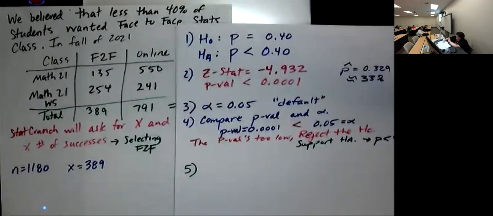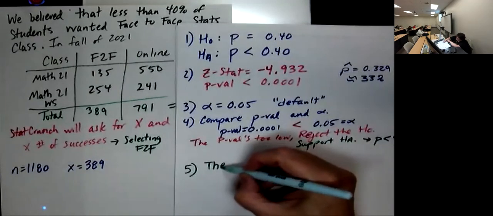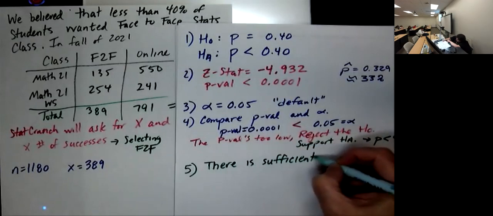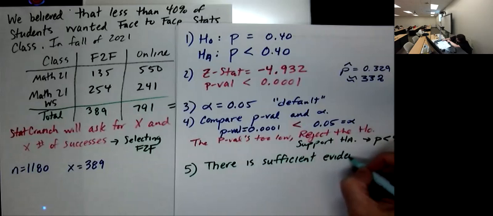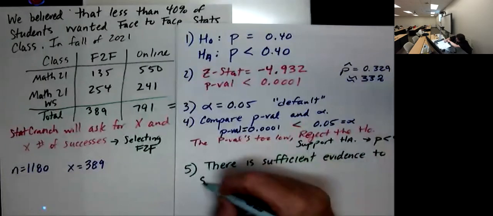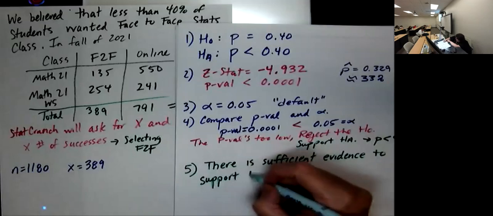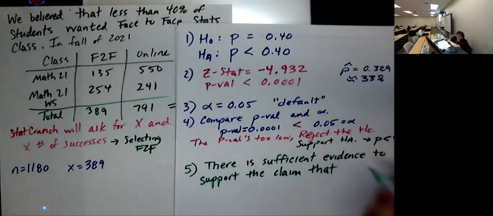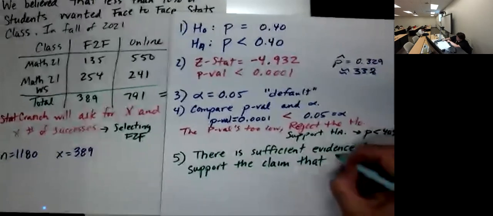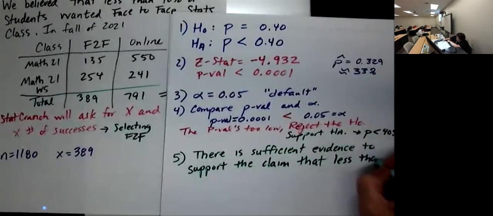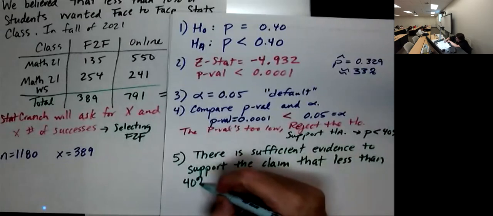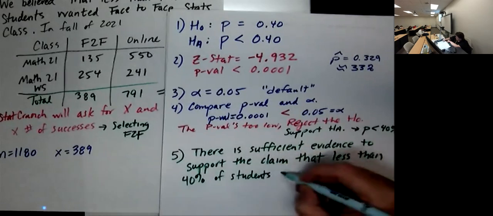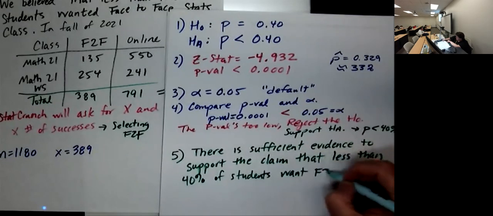So when I write up my sentence, there is sufficient evidence to support the claim that less than 40% of students want face-to-face statistics classes.